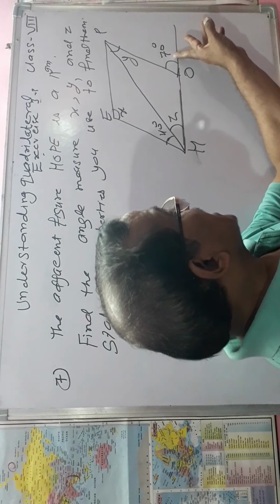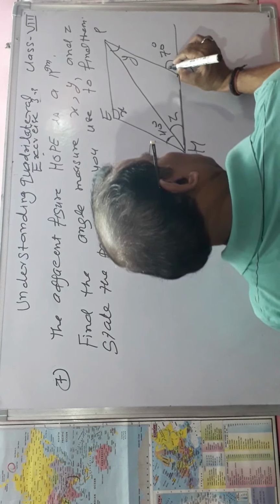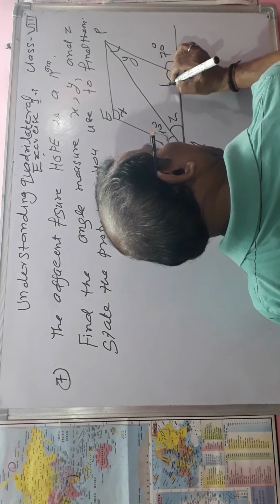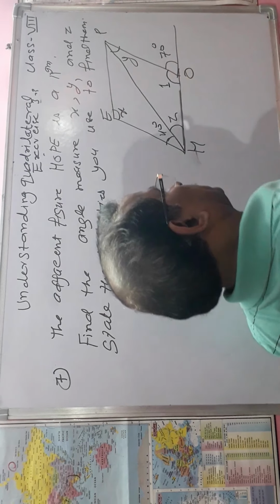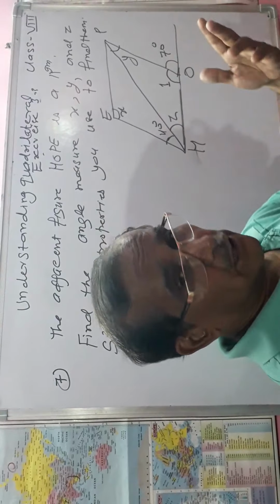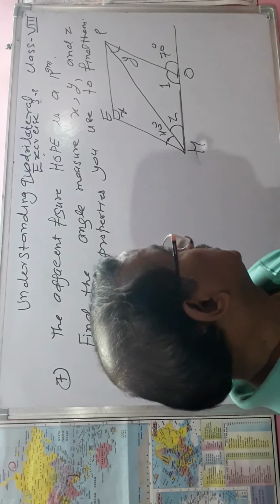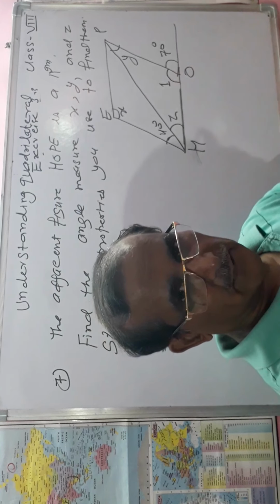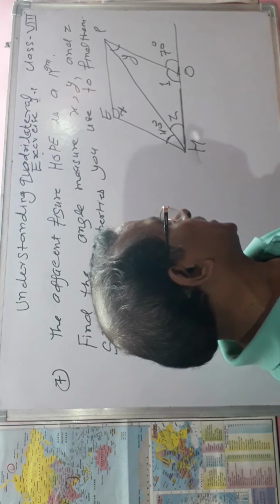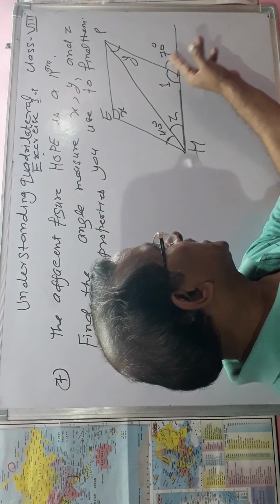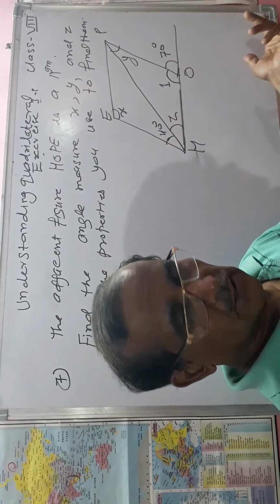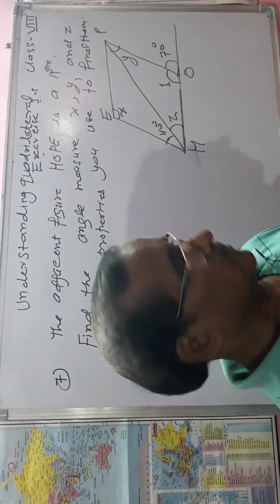We know that angle 70 and this angle, let this be angle 1. Both are linear pairs. So sum of both angles is equal to 180 degree. Therefore angle 1 is equal to 110 degree. We find this angle x is also equal because opposite angles are equal.